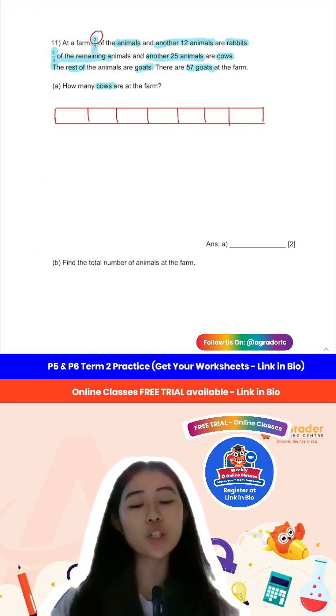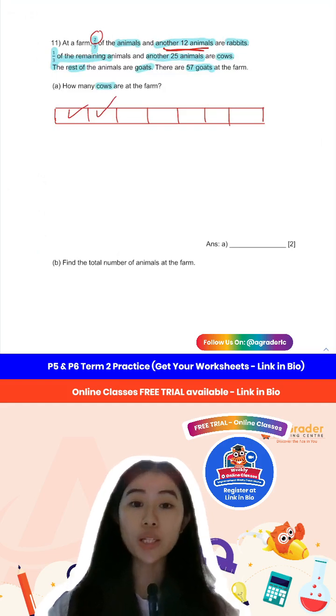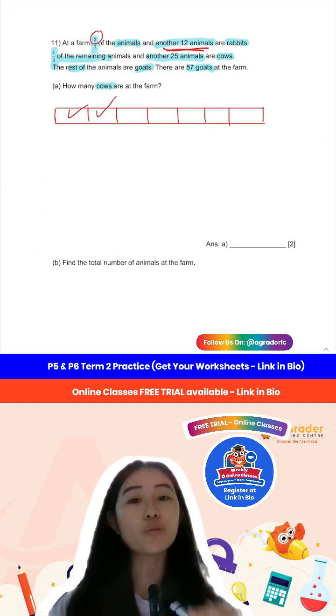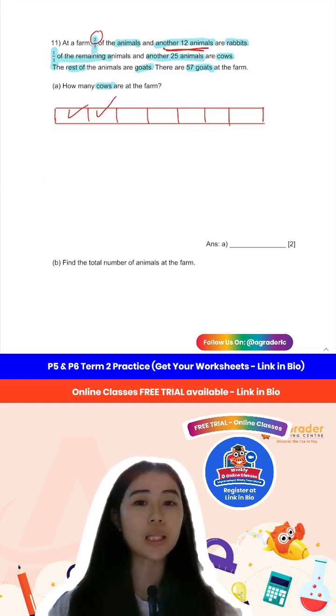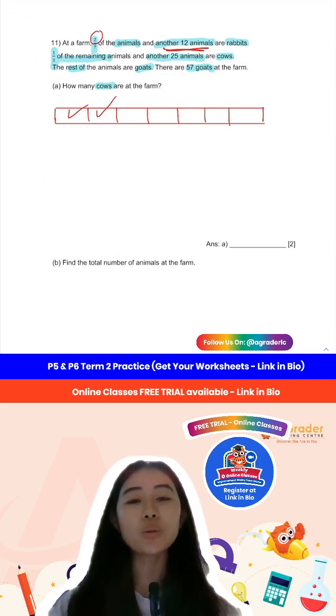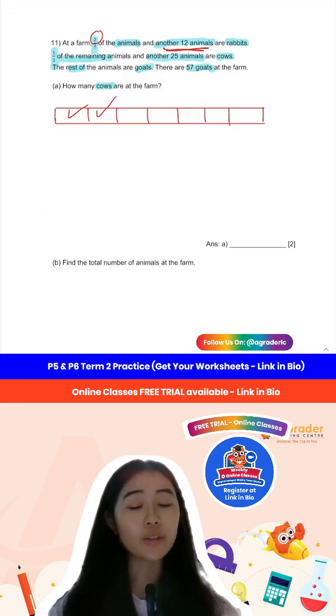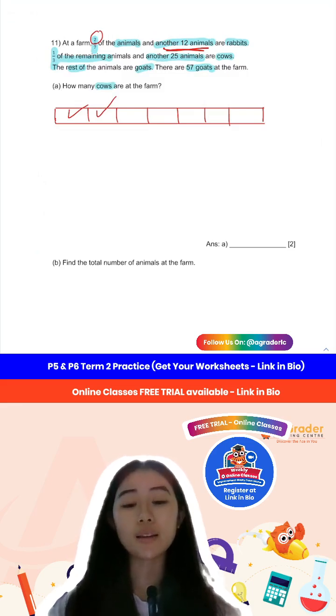But it's not just 2 units, it's 2 units and another 12. So it will be these 2 units, and then another 12 means that you need to cut it from the third unit. So you do not know how much to cut. It's okay, you can just estimate. Alright, so I estimate I will cut just a little bit from the third unit and label it as 12.